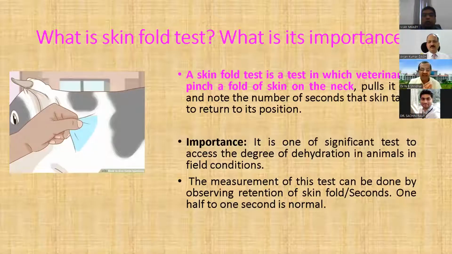As the time required to regain the normal position increases, the degree of dehydration goes very high. So it is one of the important tests to assess the degree of dehydration, as it is very easy to conduct in field conditions. The measurement can be done by observing the retention of the skin fold in seconds. A half to 1 second is normal actually.